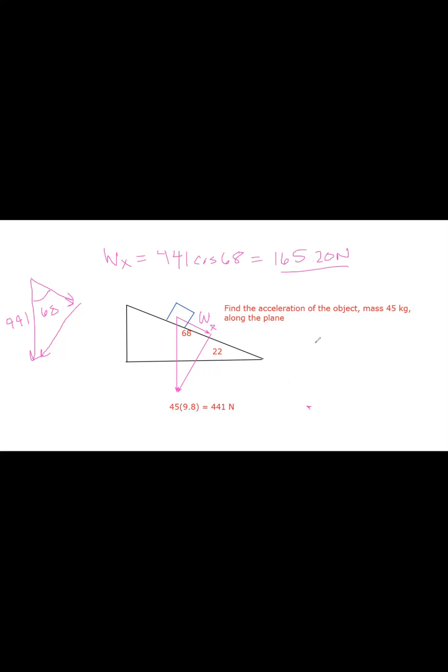To find the acceleration of the system, we say the sum of the forces in the x equal max. Remember, this is our positive x, this is our positive y. The only force acting in the x is Wx.